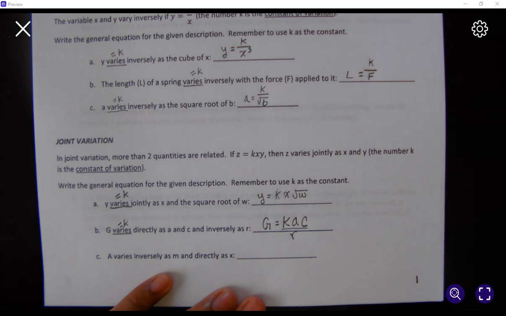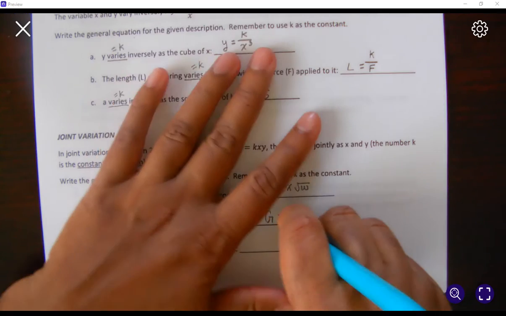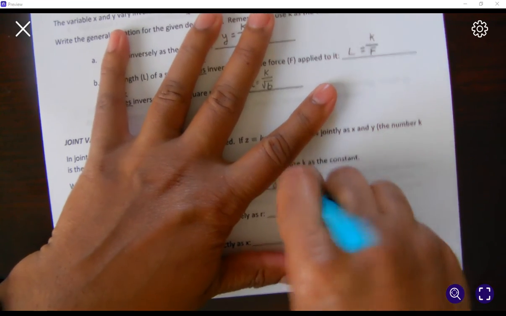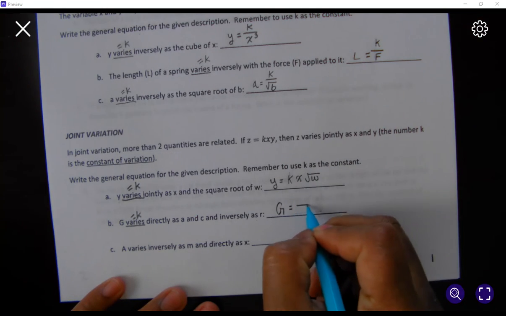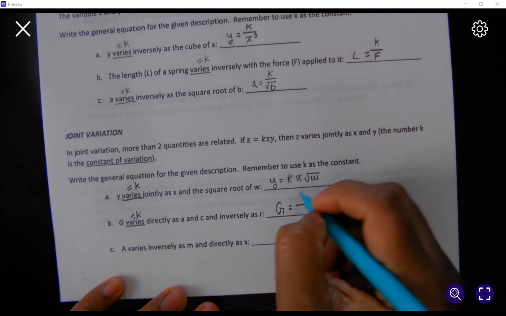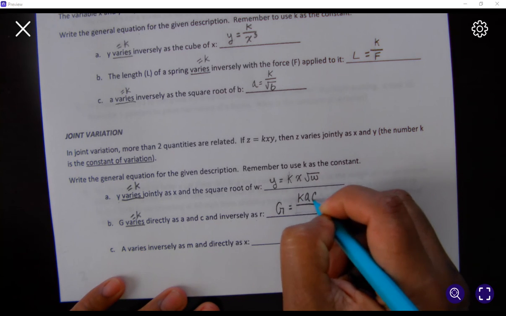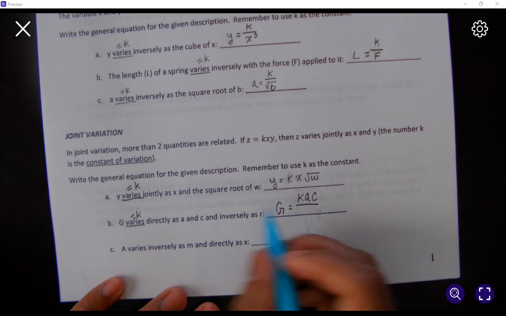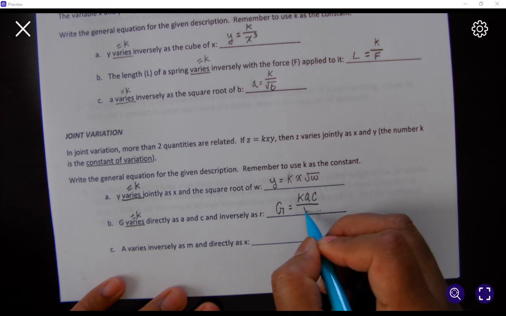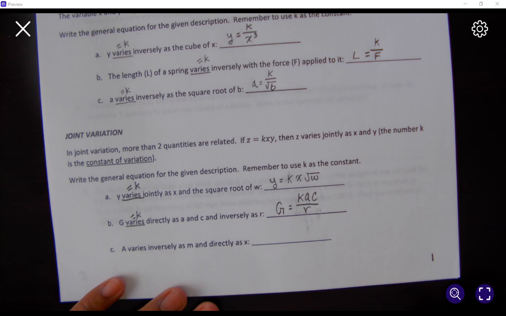So you put the R under the whole thing. So let me just write this a little better. Because of the word inversely, I put a fraction bar. So at the numerator, I have K, directly with A and C. And then in the denominator, inversely with R. So R goes in the denominator.